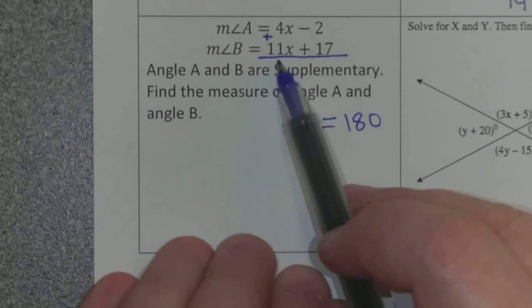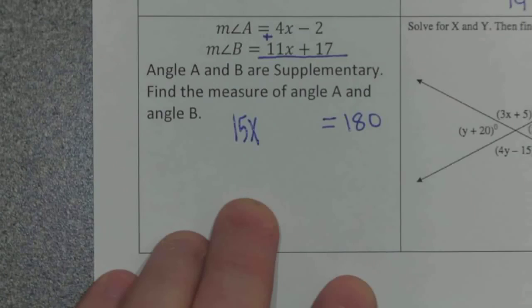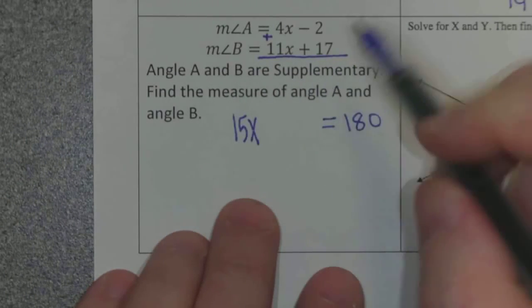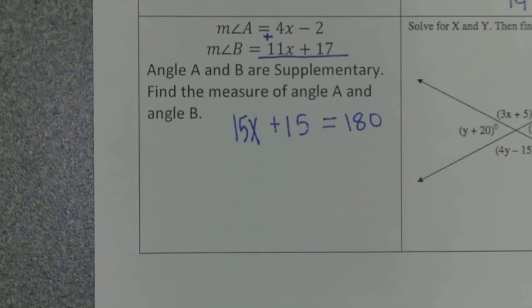What's the 4x plus the 11x? That's 15x. And what's the negative 2 plus 17? That's a positive 15. I know when I add them together, I equal to 180. So now I just have this two-step equation to solve.